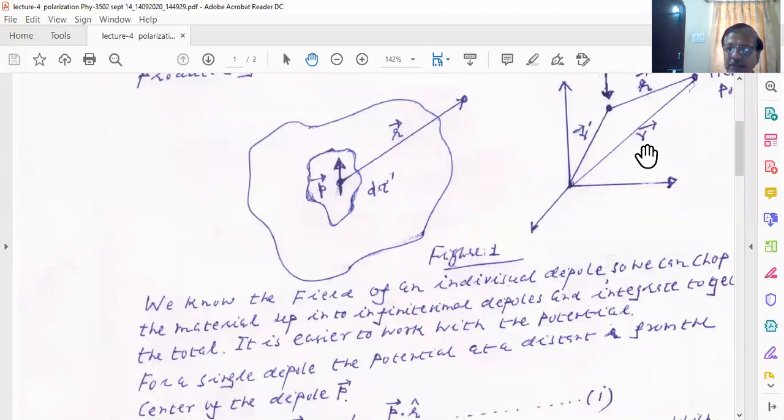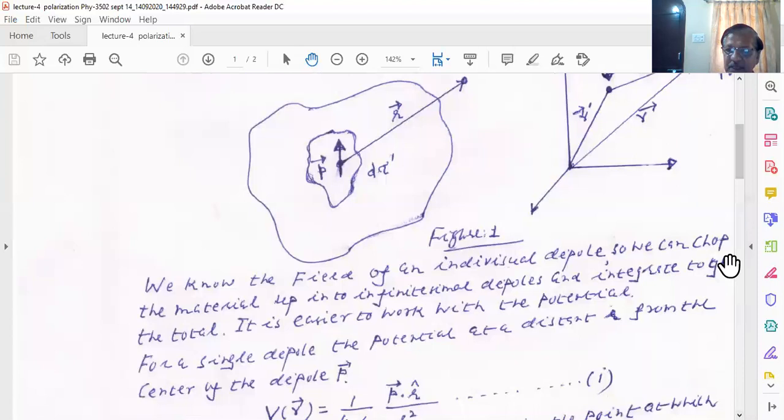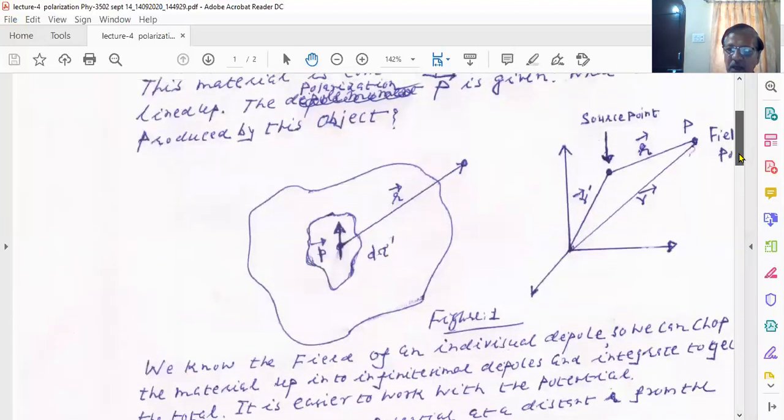So now to understand this exercise, let us first understand the notation. You see here, I have used three parameters. I have used the source point. Look at this source point. The source point is the point where I consider my dipole. So this is your dipole.